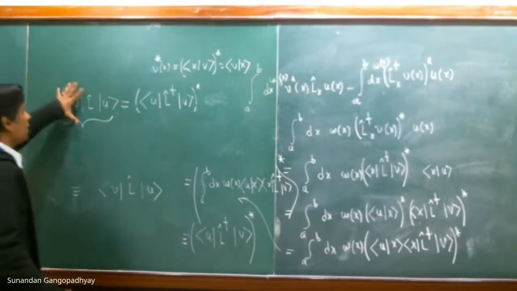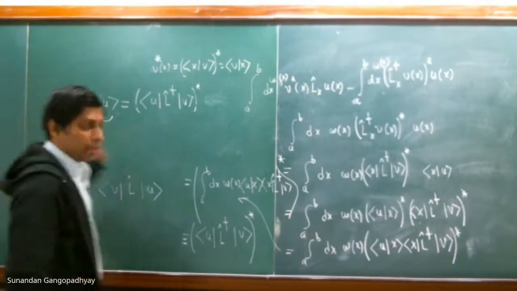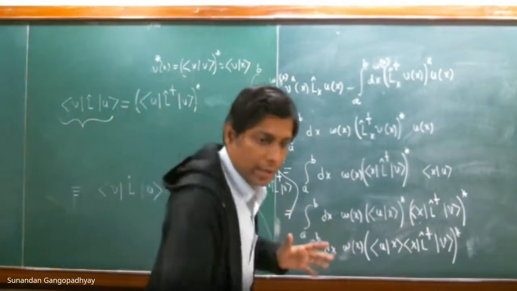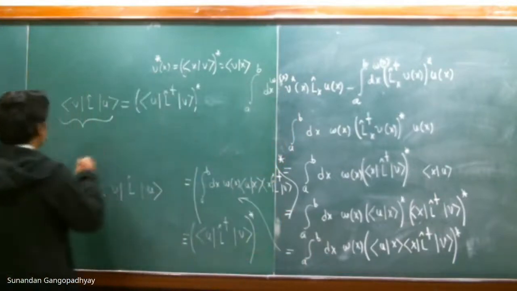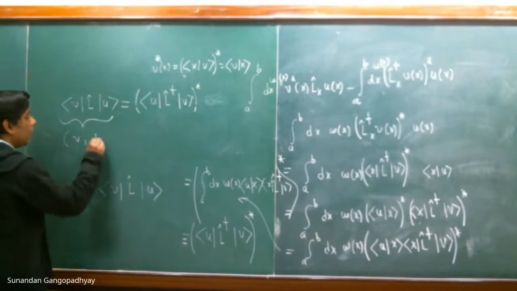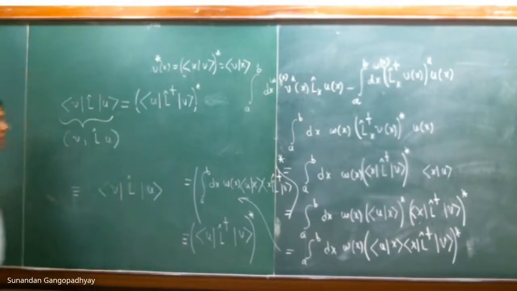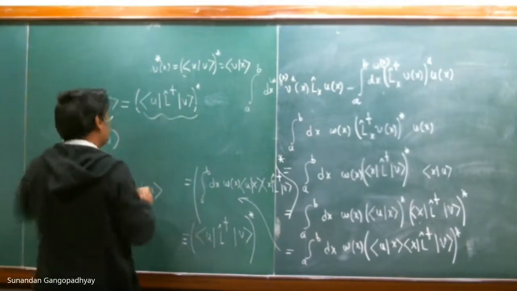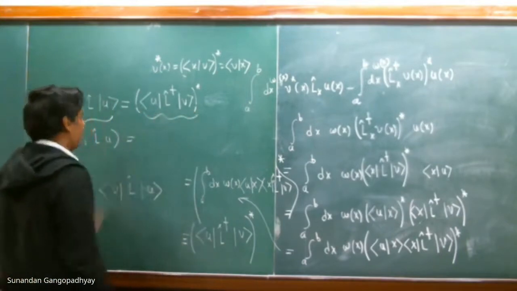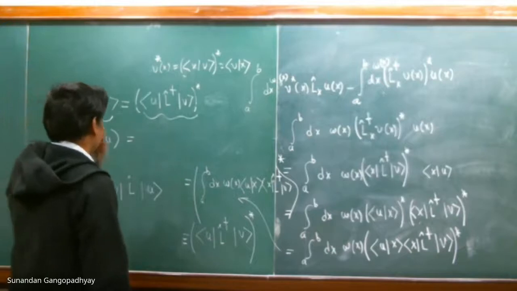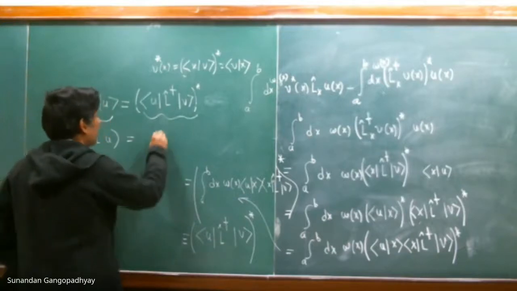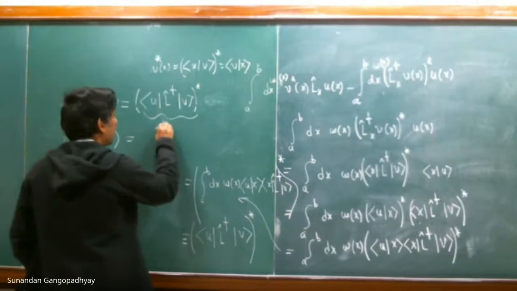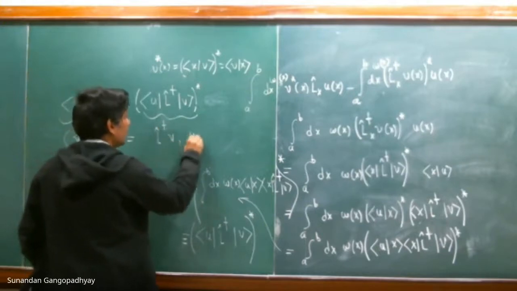Another notation for this thing, as I mentioned, has a meaning only in terms of that integral. Another notation for this is (v, L hat u), and the notation for this full thing is (L hat dagger v, u).